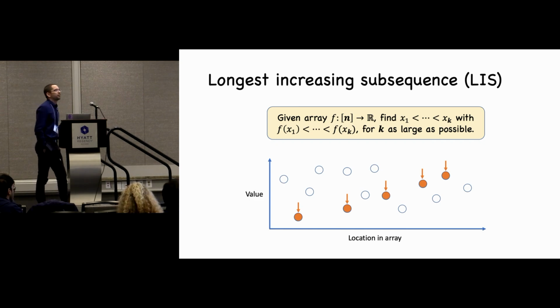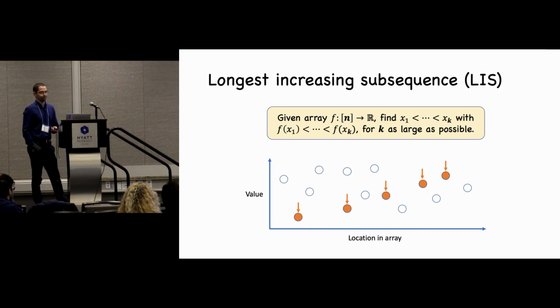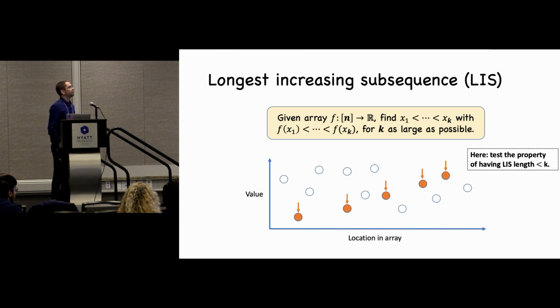Given some sequence, we want to find the subsequence as long as possible where the values are increasing. I want to stress that the subsequences we are looking at are non-consecutive; we don't need the values to be consecutive. So the problem we're interested in is testing the property of having LIS length less than k for some constant k.